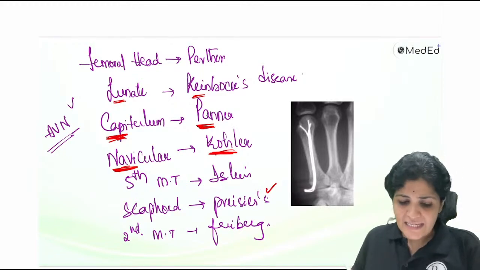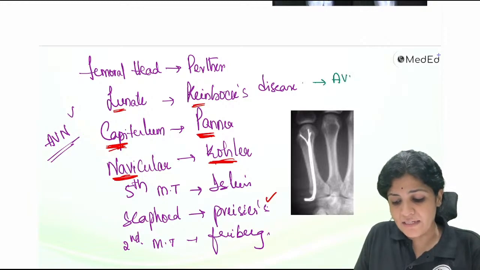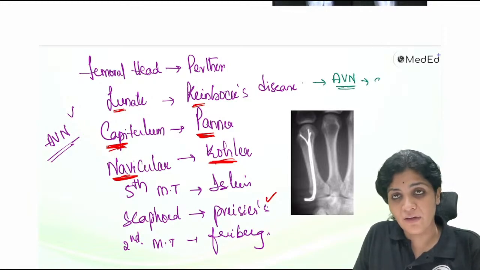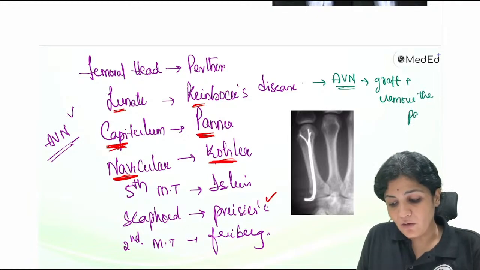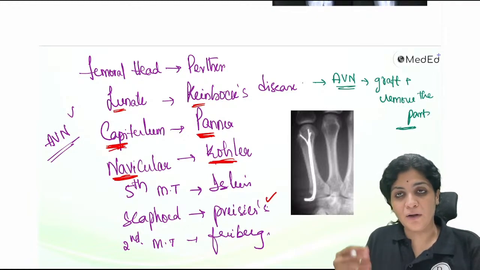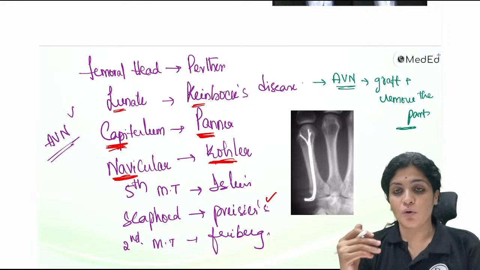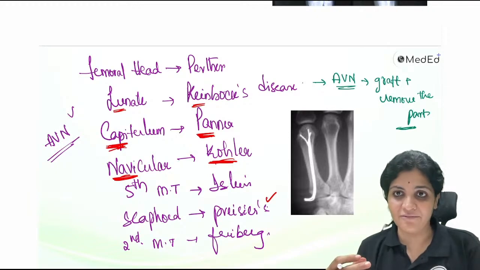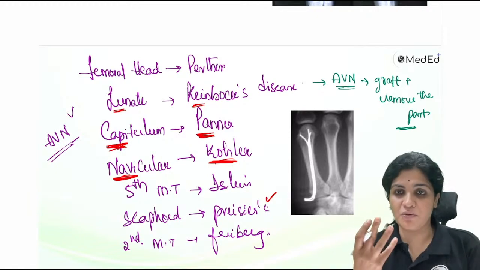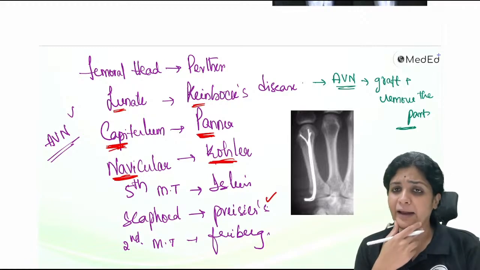Treatment for Kienbock's. Kienbock's is an avascular necrosis, right? So AVN we have to deal with either by putting a graft or removing that part. It is a very complex procedure. The lunate is a very important part, so we go for proximal row carpectomy, or we treat it with a graft. There are various treatments, but it is usually not done, and it is a rare disease.